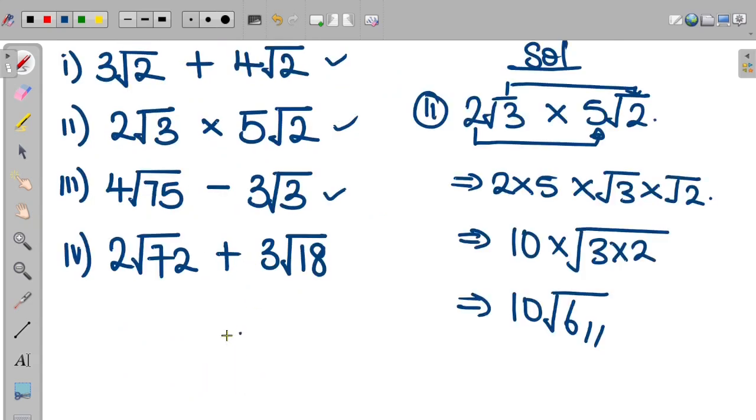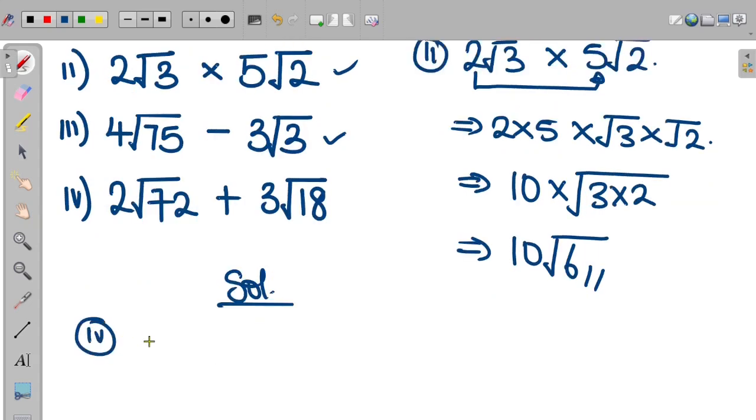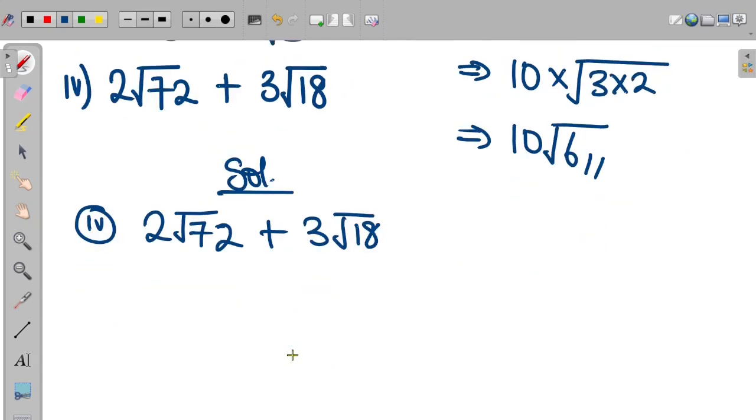Also, for the fourth question, we have 2 multiplied by root 72 plus 3 multiplied by root 18. The first thing we do here is express 72 as a product of its factors and express 18 as a product of its factors.